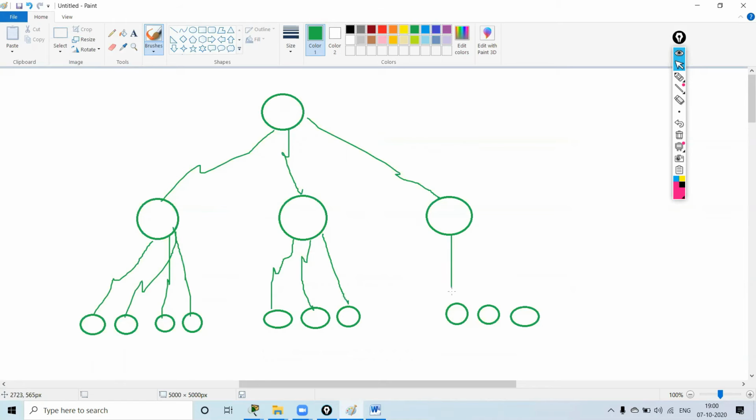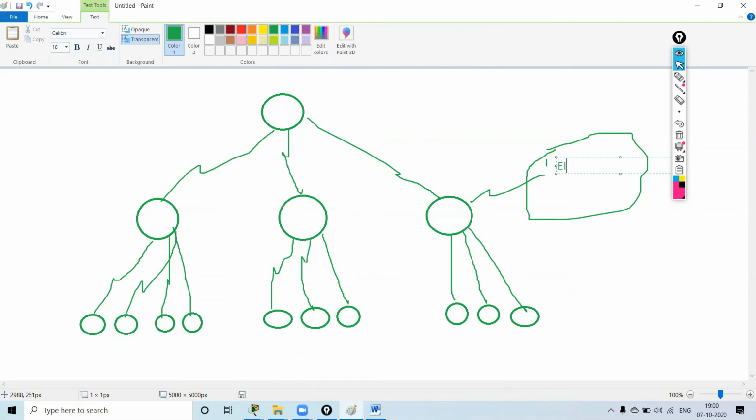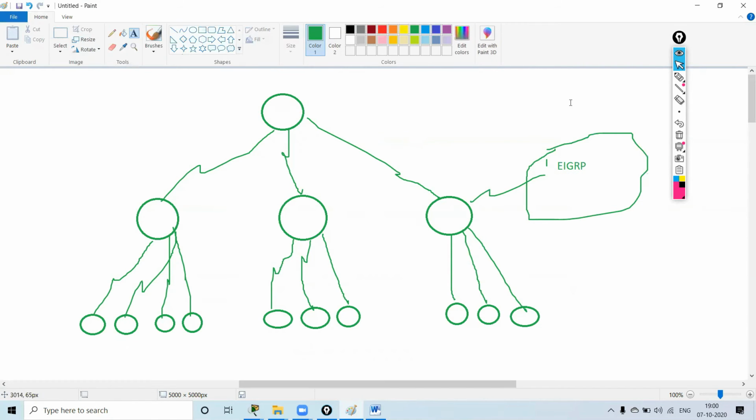I'll make it straight lines only. And suppose I'm running some routing protocol here, that is EIGRP.